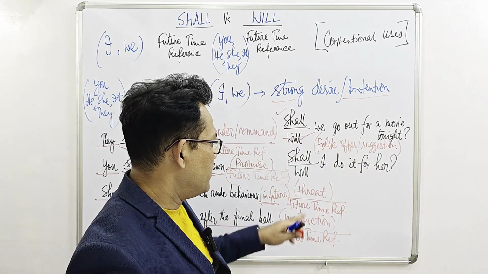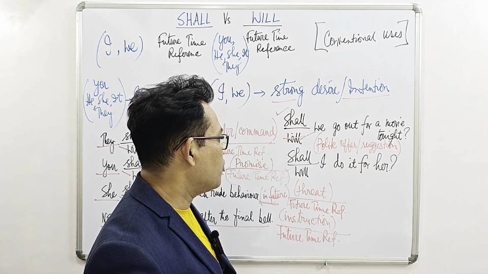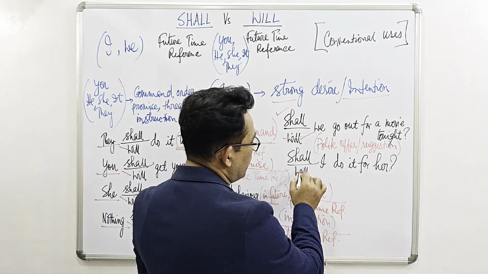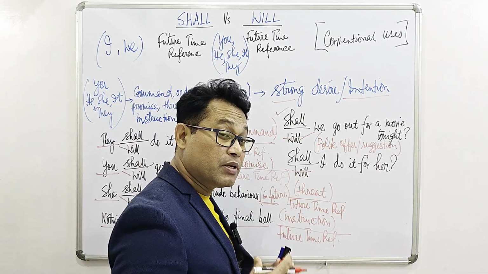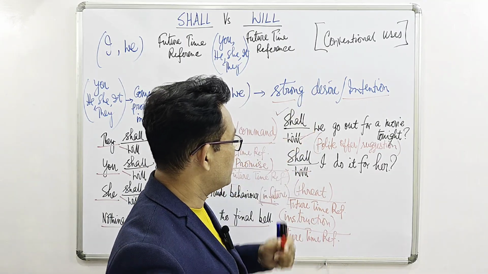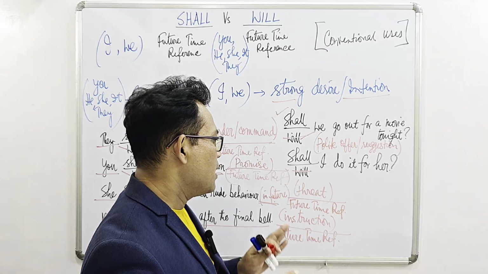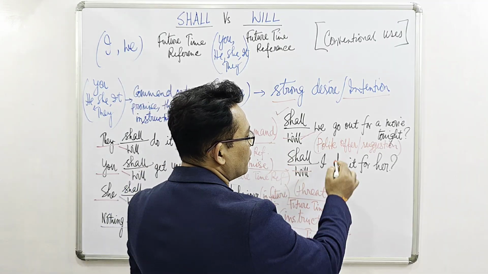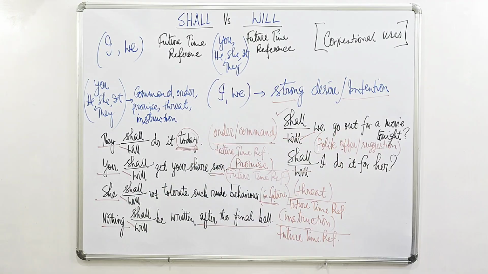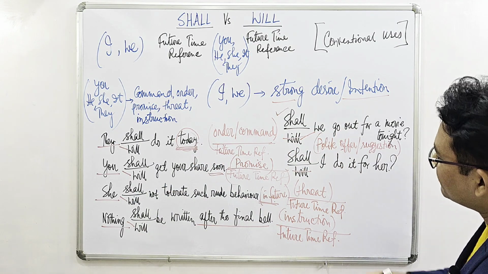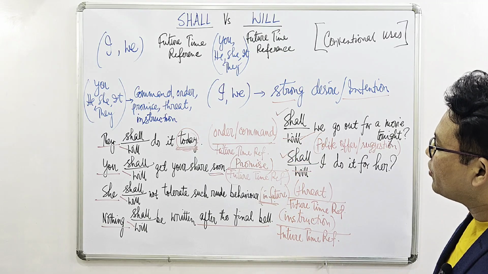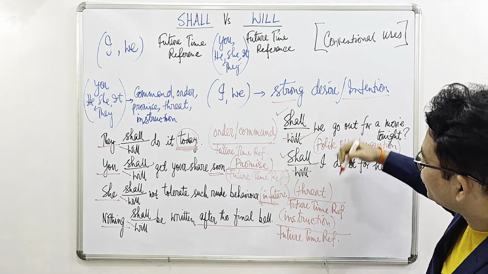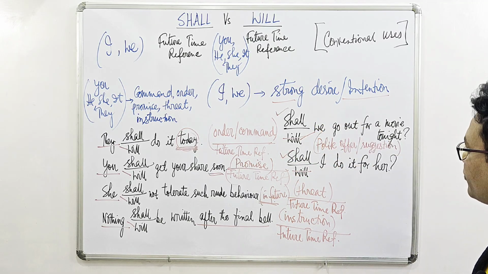Okay, similarly, shall I do it for her or will I do it for her? Again, will is not the correct option because it indicates some sort of strong desire or intention. So shall I do it for her? Again, it's a polite offer or suggestion. Okay, so in both American English and British English, we frame questions like these two: shall we go out for a movie tonight or shall I do it for her?